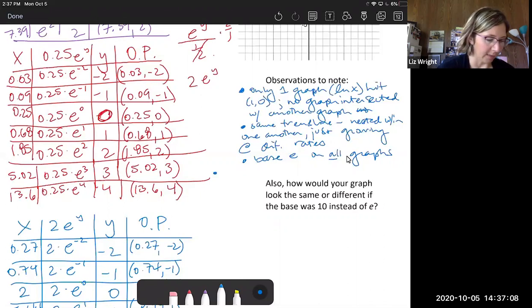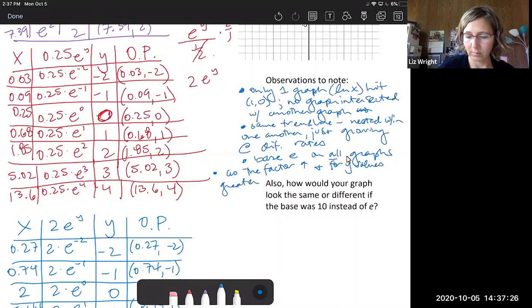One thing I'm going to add in is, as the factor increases, and for y values greater than 0, the curve gets closer to the x-axis. And then I'm going to do one more down here.